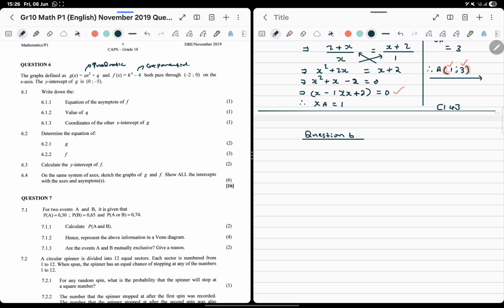Okay, they both pass through this point. So what does this make it? A point of intersection on the y-axis. Why? Sorry, on the x-axis. I was going to say y. On the x-axis. How do we know? Because the y value is 0. So that's an x-intercept of both.